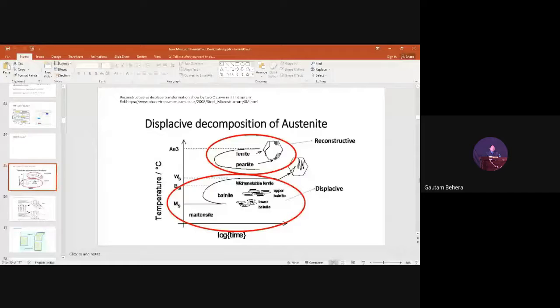How many of you have remembered this one? Look at this curve. This is temperature versus log time. Have I shown you this one? Have you ever seen this kind of plot?